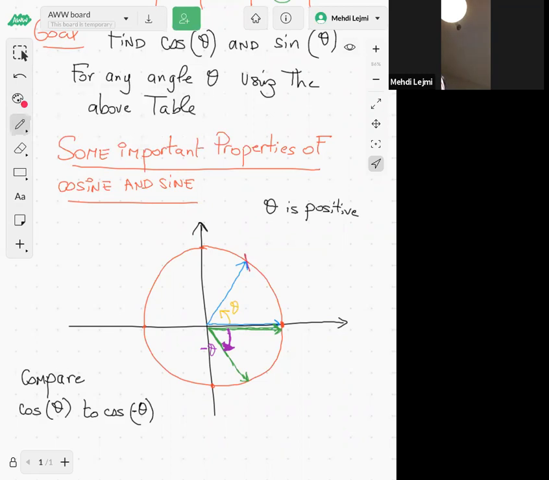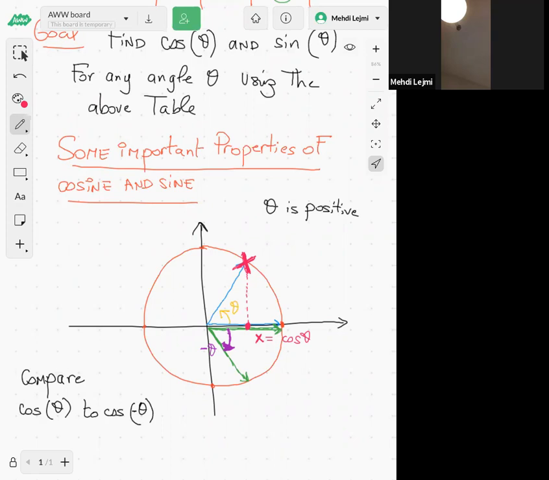This point here corresponds to the angle theta. Now, the x coordinate of this point, that's my cosine of theta. Remember, you can think of the cosine as the x coordinate.